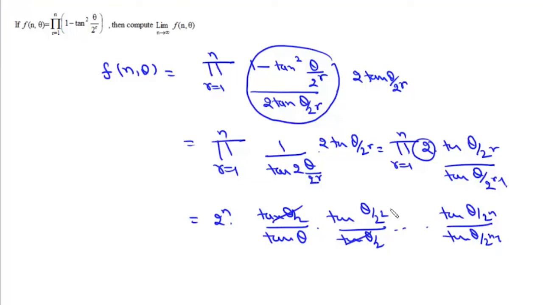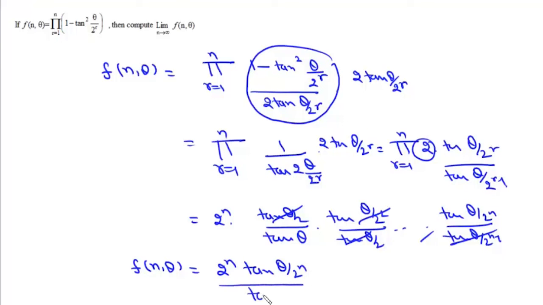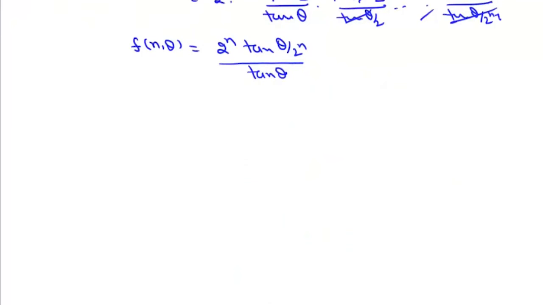Now terms cancel only after the first one, so all these will cancel. So we'll get f n theta as 2 to the power n tan theta upon 2 to the power n by tan theta.